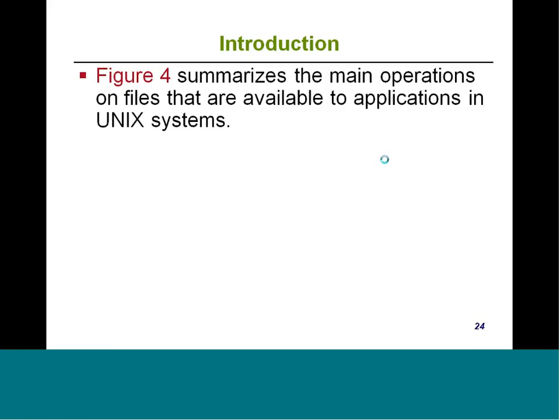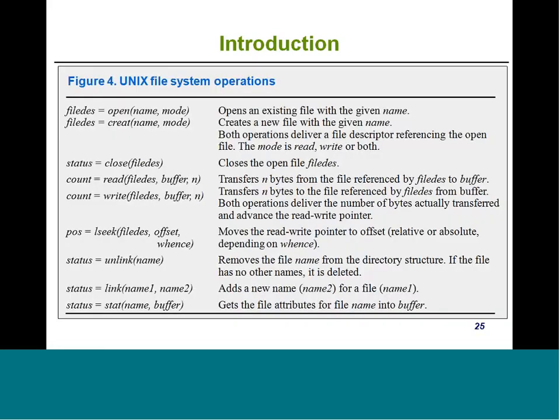So in the next figure we will see all the operations on the files that are available to applications in the Unix system. When we say open with the name and the mode, that opens an existing file with a given name. And when we say filedes equals create name mode, this is creating a new file.